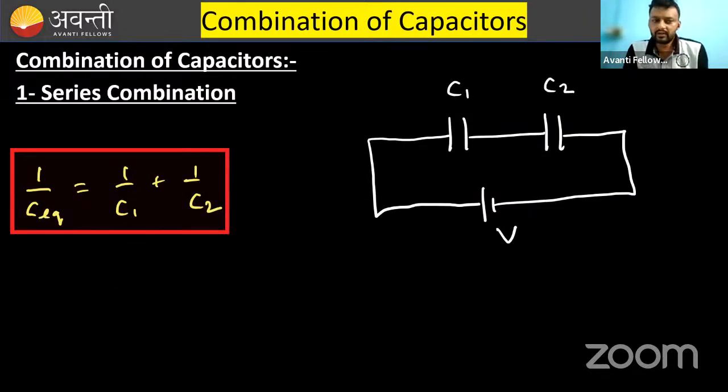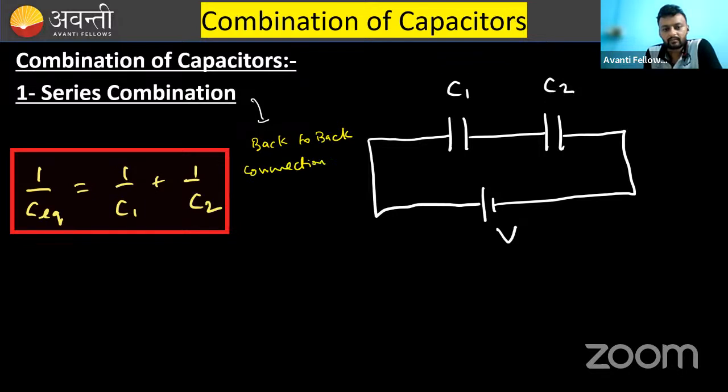I think this is of very much importance. What is the combination of capacitors? How do we identify series combination? Can anyone tell me? I told you in the class of resistors, that it is back-to-back connection. Remember this line: back-to-back connection without any junction.